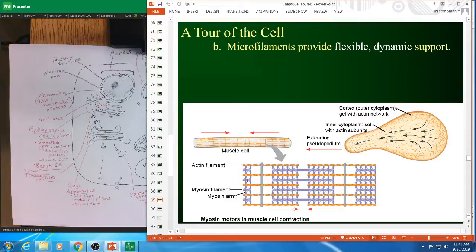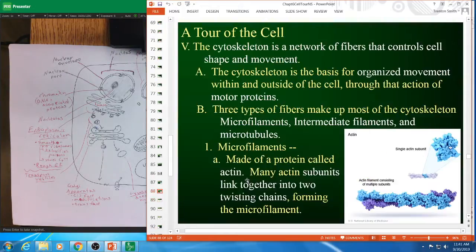Remember how I told you that actin is a polymer of polymers. What that means is, and by the way, these polymers are not bound together covalently and super strongly. They're bound together non-covalently. That means that you can put a big bunch of them together in a chain, but then you can also break that chain apart.